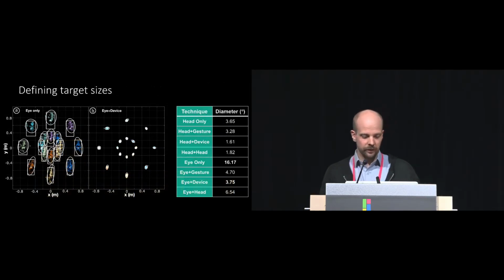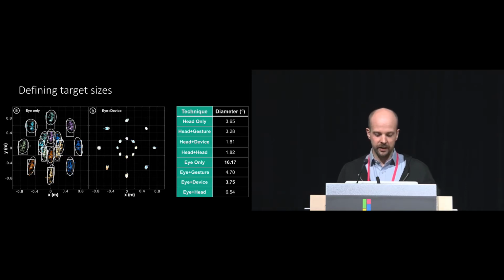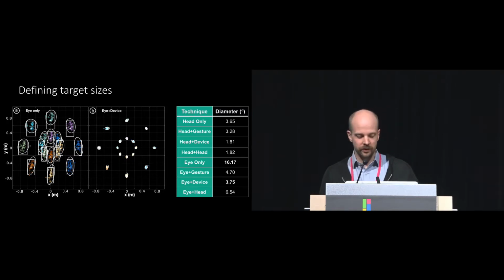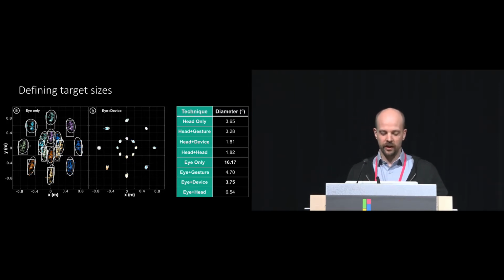And then we defined target sizes for each technique. Based on the distribution of the values, we computed these rectangular and circle targets. You can see that with the eye-only condition, the diameter of the target should be as large as 16 degrees.